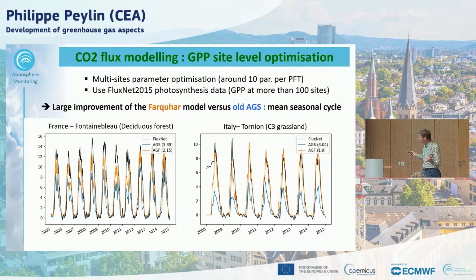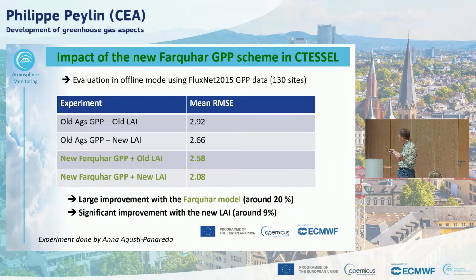So we have calibrated the first Farquhar model at site level. You can see here the improvement at site level where we have a lot of data, the FluxNet data. We calibrated around 10 parameters per plant functional type. So we made a great improvement.